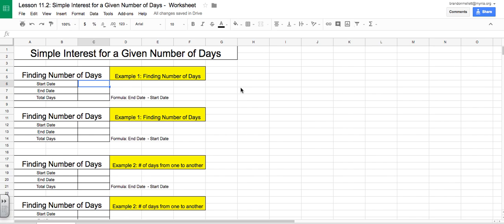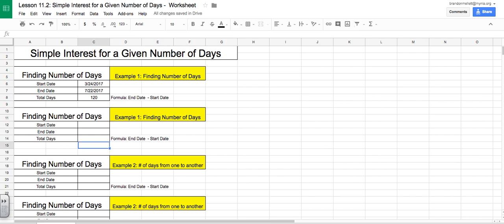Start date for the first example, March 24th, to July 22nd. All we do is the formula: equals end date minus start date. So the number of days between March 24th and July 22nd is 120 days.